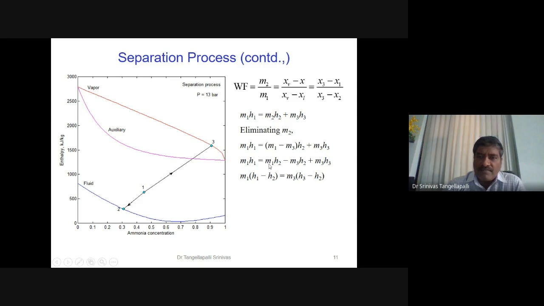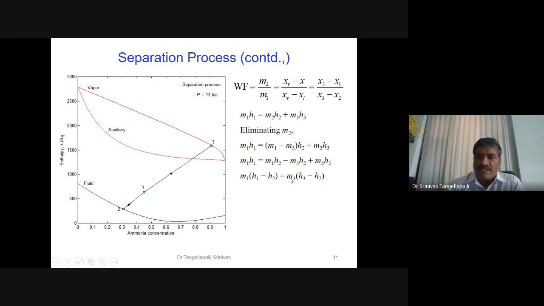If I eliminate M2, M1 H1 is equal to (M1 minus M3) H2 plus M3 H3, same as with concentration. On simplification, M1 into (H1 minus H2) equals M3 into (H3 minus H2).